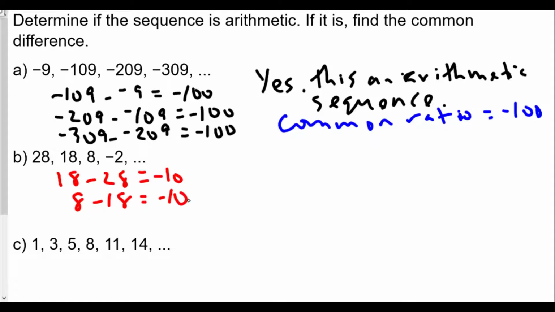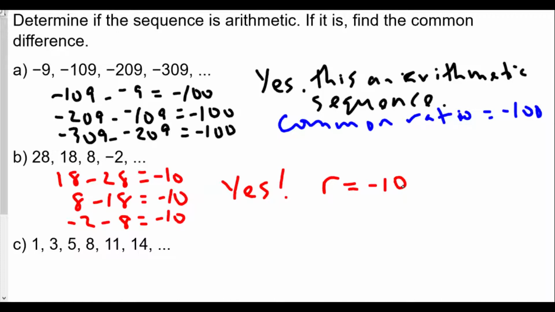Now we take the fourth term, -2, minus the third term, and we get -10. It definitely works out for these. And so we say, yes, it is an arithmetic sequence, and R, the common ratio, is -10. See how this works out? That's all you're doing. You're checking for all of them.